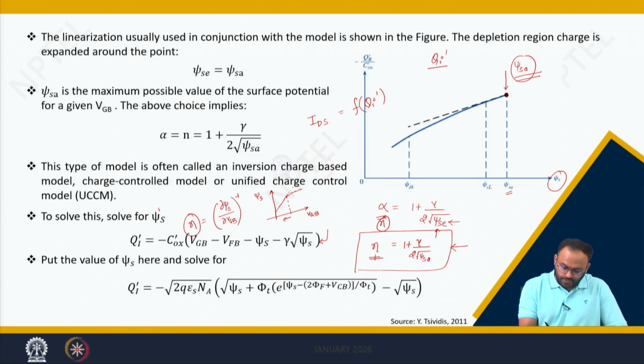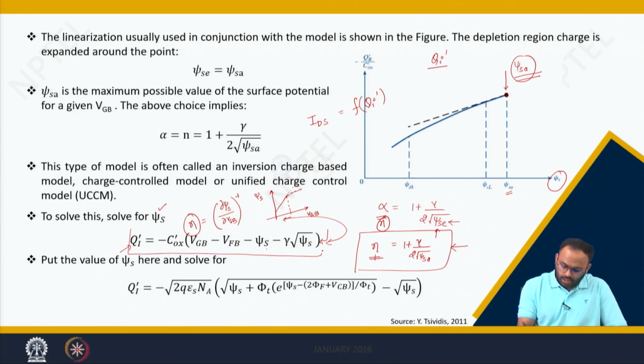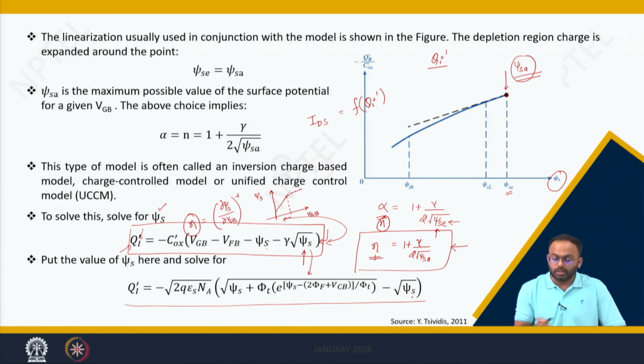Ultimately, you take this equation and solve for psi s, because Qi dash is nothing but a function of psi s. You solve for psi s and then put that value of psi s into your inversion charge equation, and hence you will get a closed form equation which will give you the drain current equation, dependent only on inversion charge.